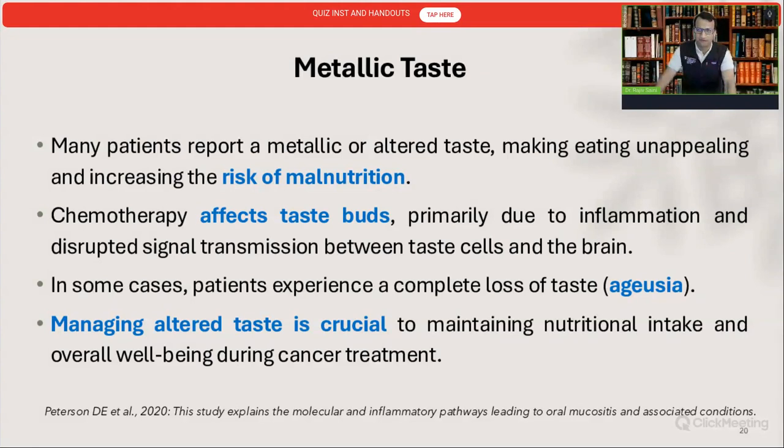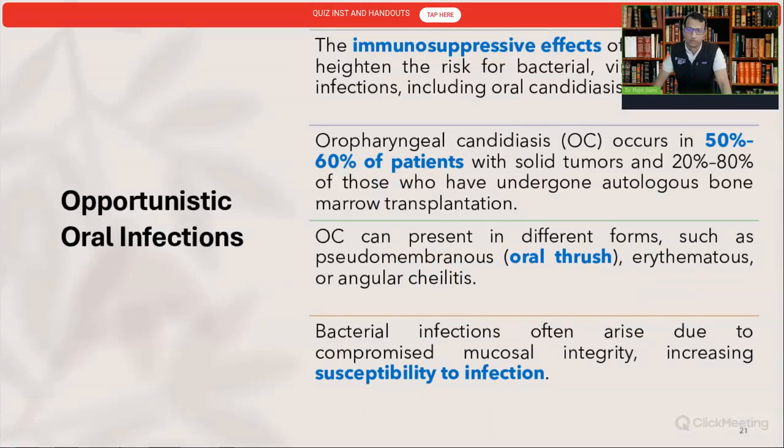They feel like they have some metal or acid in their mouth, and there's a reason for that: taste cells regenerate very rapidly, making them very vulnerable to chemotherapy. Once they get affected by chemotherapy or radiation therapy, the patient loses their taste buds. And that plays a very big role, because if you have a strong metallic taste in your mouth, you are not able to eat food.